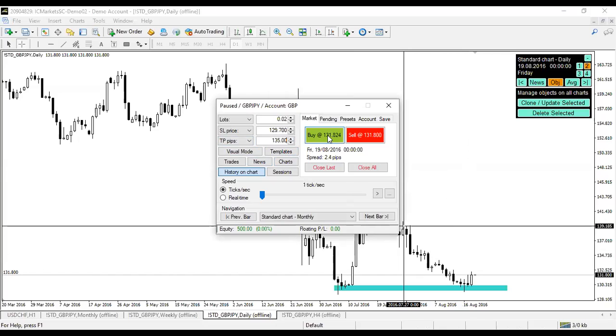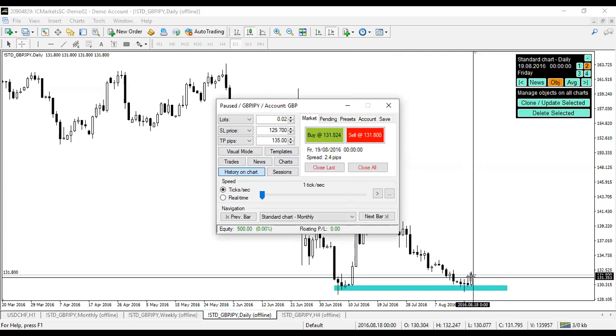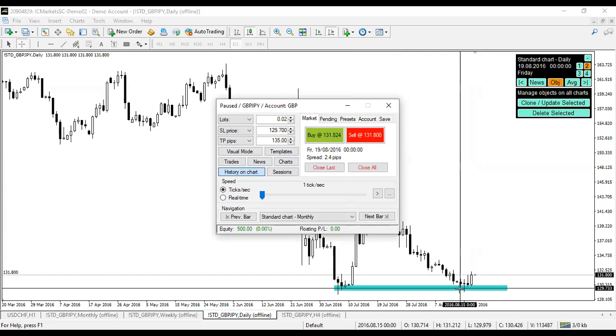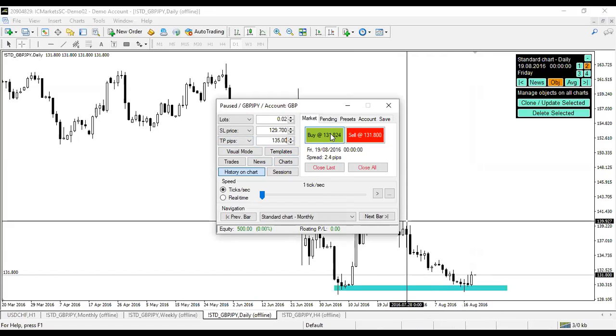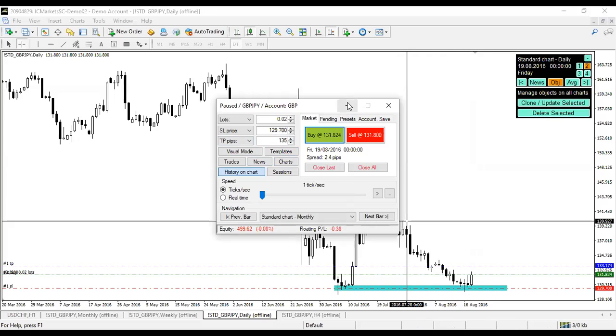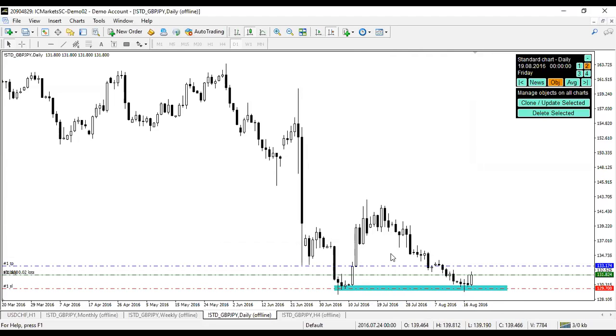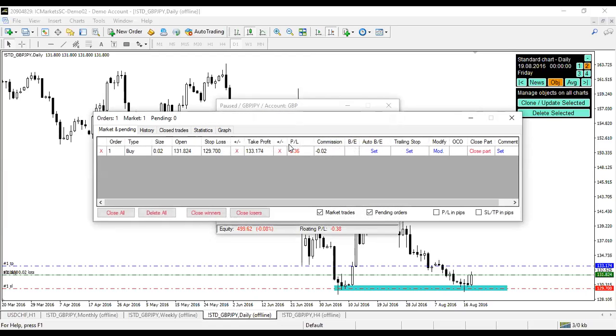So we are going to buy here because we have a bullish engulfing candle which breaks the high of the previous candle. Also, this is a strong level of support. So we are going to buy here with a small lot size. Sorry, what did we do wrong here? Let me close this.